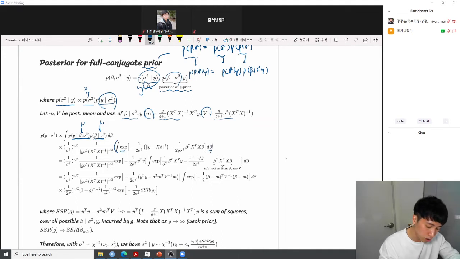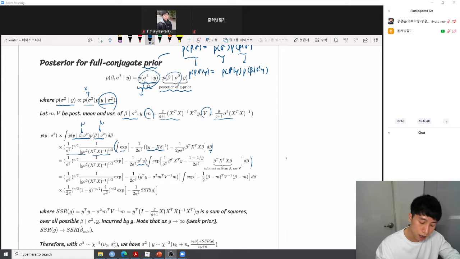So we have some constant right here, and if you also expand this term, then you're going to see the y transpose y would also escape from this integral.